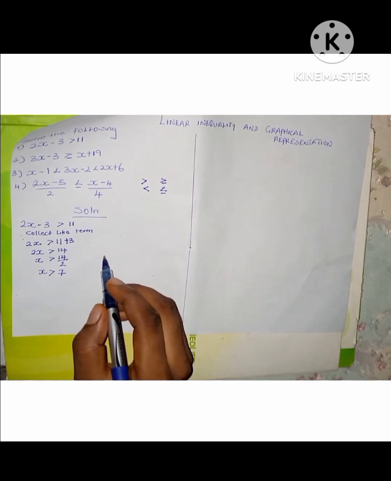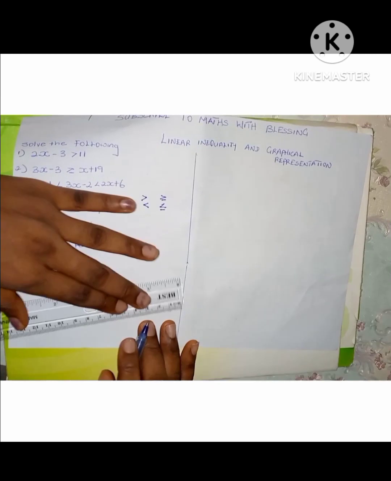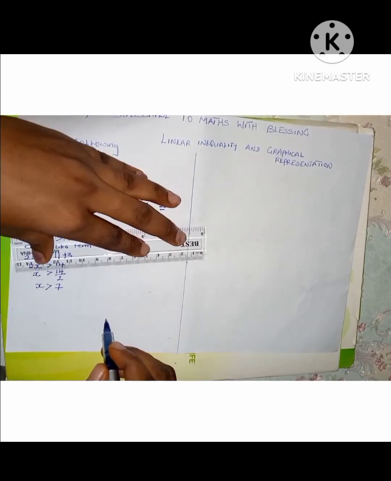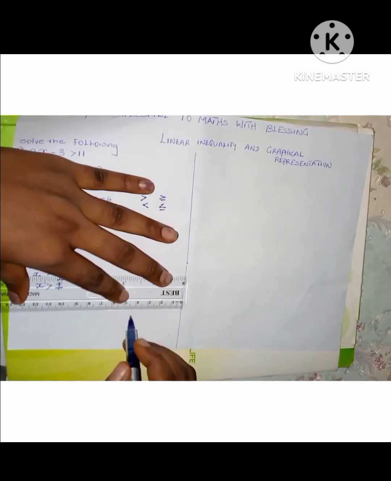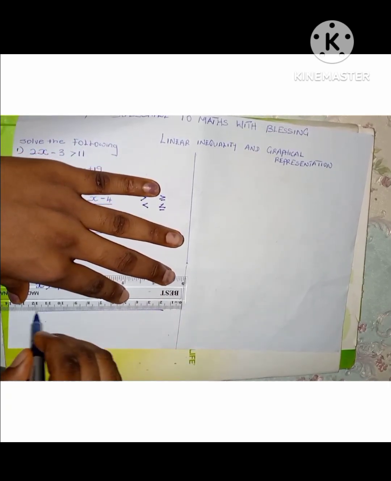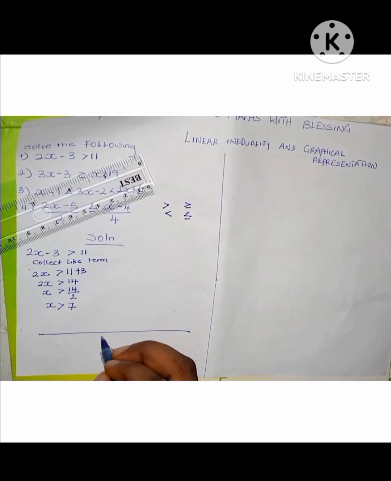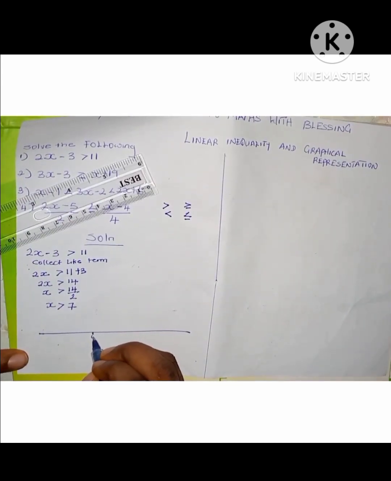Now using number line to show the graphical representation, we have that the number line is this. Example, okay, let me draw it here. This is number line. We have the negative integers and the positive integers, and we have this 0.